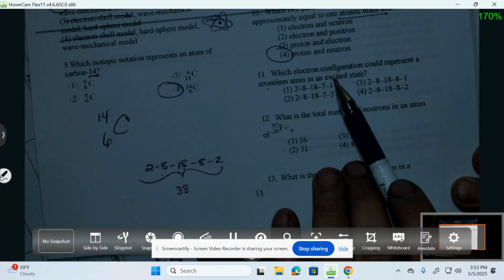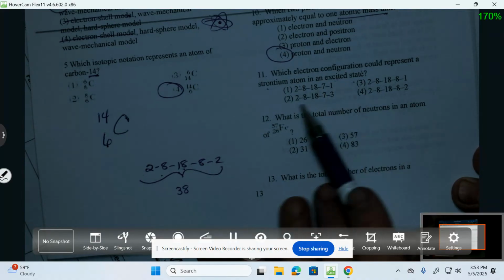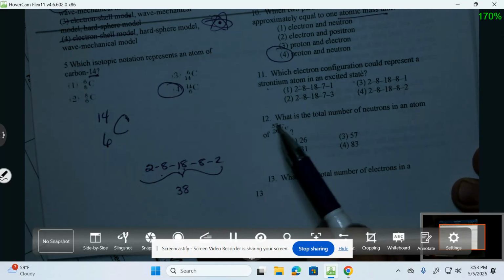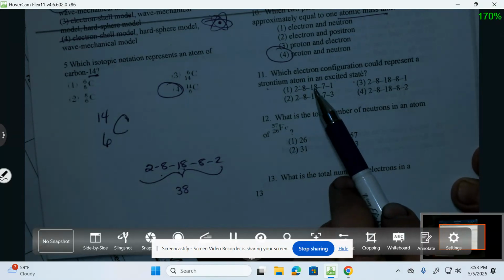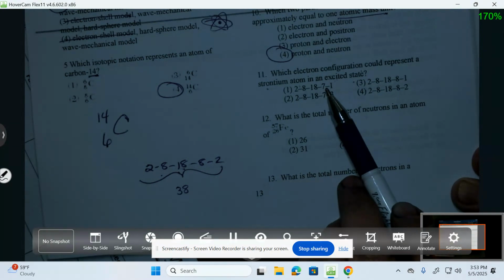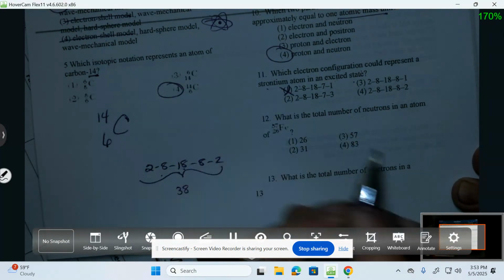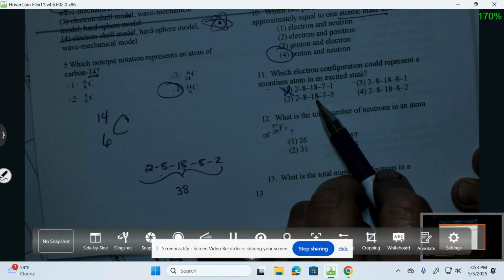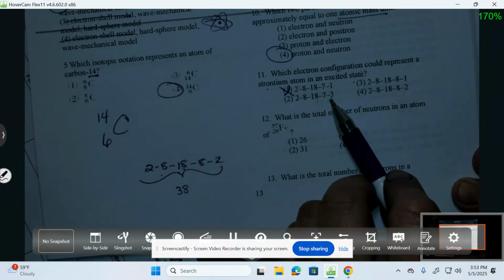We want an excited state, which means we also have to add up to 38, but we cannot have exactly the same that's there. 2, 8 is 10, plus 18 is 28, plus 9 is not going to give me 38. So this one's out. 2, 8 is 10, plus 18 is 28, plus 10 more is 38.